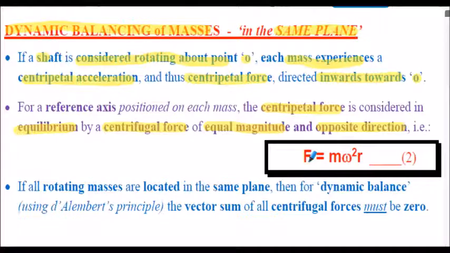So this is the balancing effect we're going to use. In the questions we're going to look at now, we're going to consider the F equals m omega squared r equation. That's your centripetal force if you're considering the inward seeking force, or if you're considering the equal and opposite force, that's the centrifugal force acting outwards. And what we're going to do is consider the sum of the centrifugal forces in our calculations, because they must equal 0 if we have a balanced system.